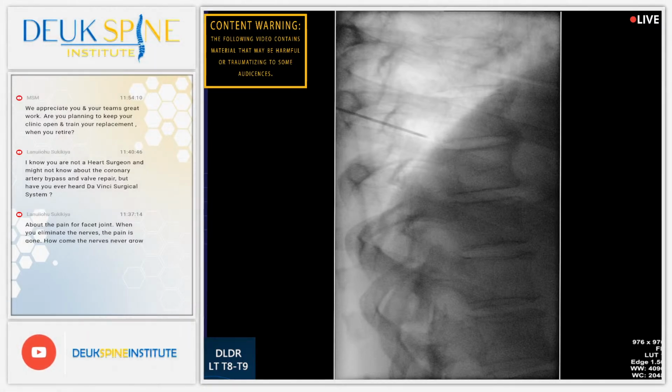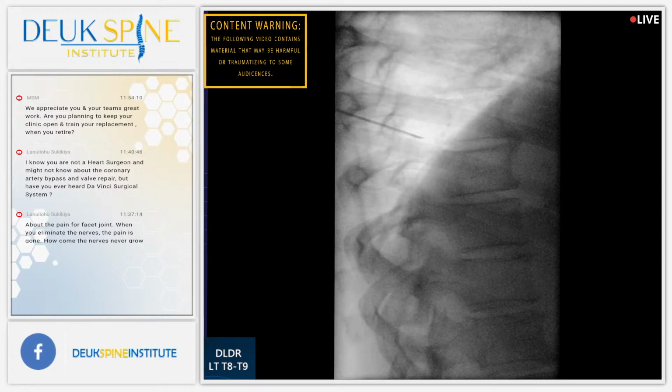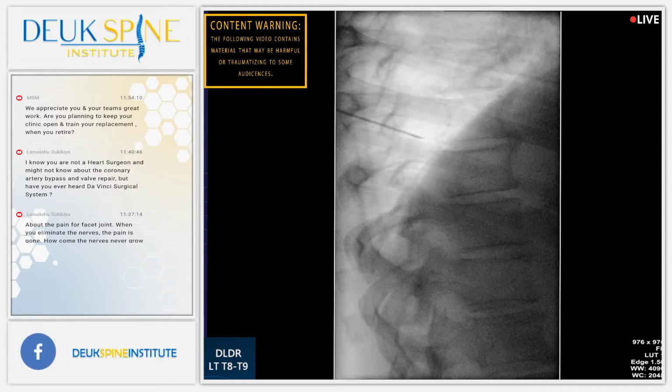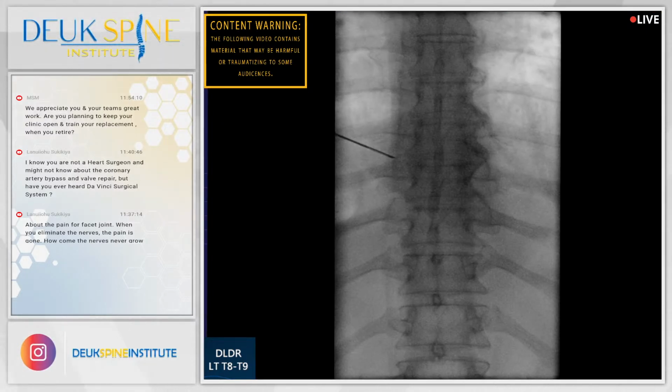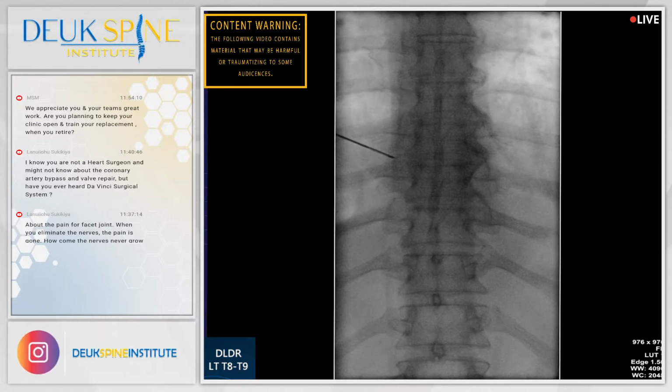I don't know. I'm not sure. But I'm encountering something here. Give me an AP again. I'm sitting right here. I can't really tell because of the diaphragm. Exactly. I may be at the back of the disc, but then I'm too lateral.